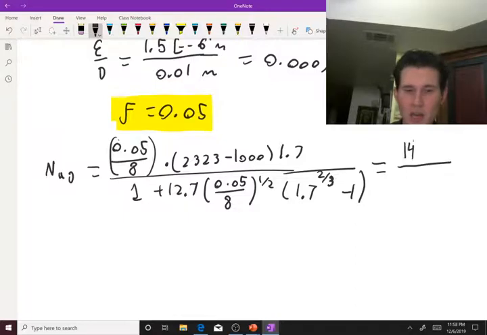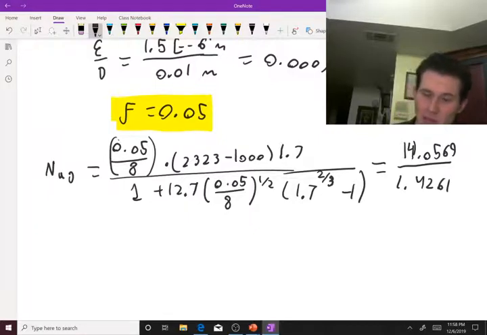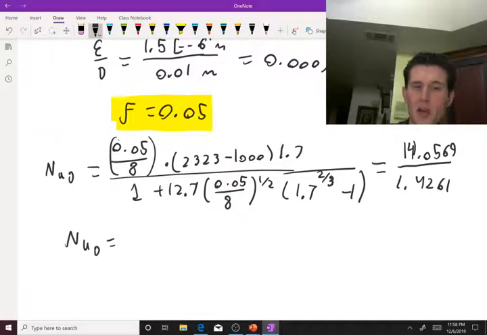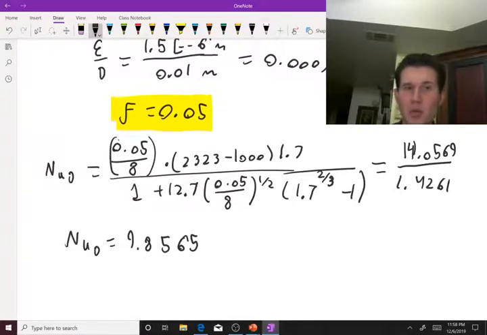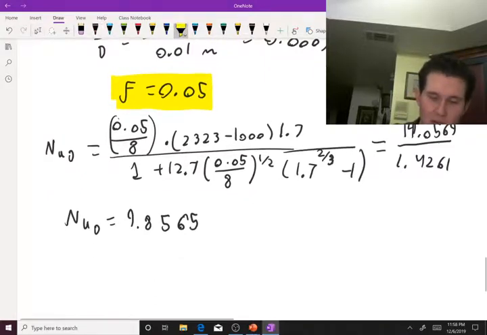So we get the top, and then we get the bottom separately, and we calculate our Nusselt number. Now, what is our Nusselt number? The easiest way to understand it is how well that fluid mixes. So how well does that fluid mix when it's going down this pipe under these conditions? That's our Nusselt number. Bam.